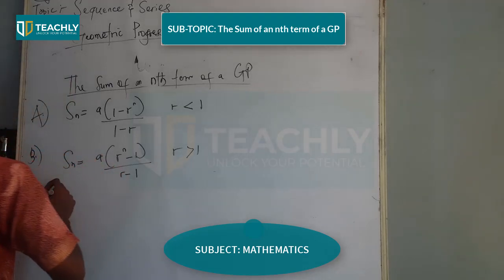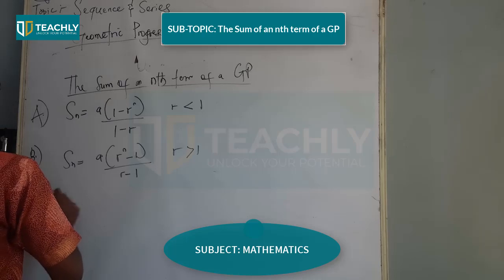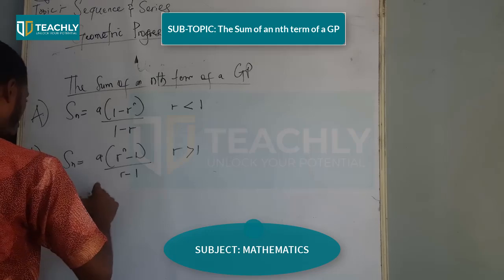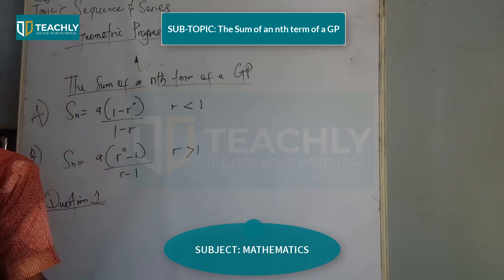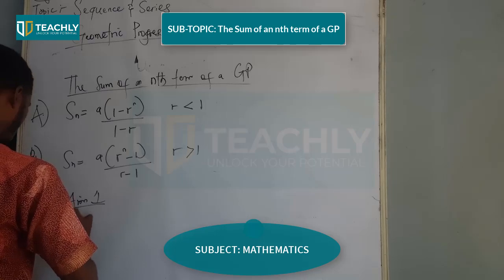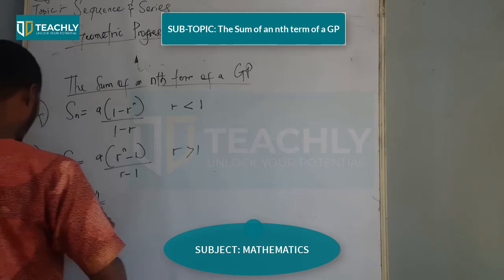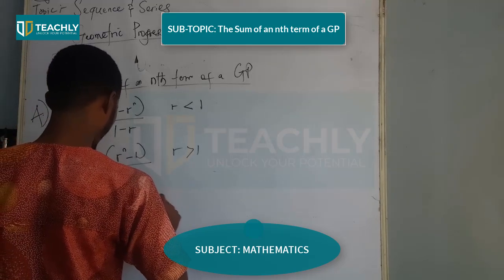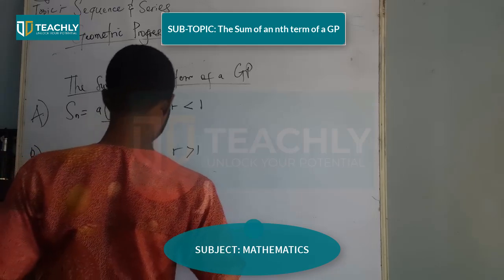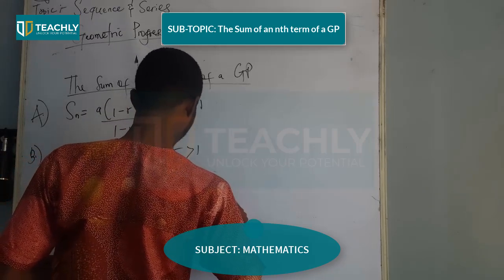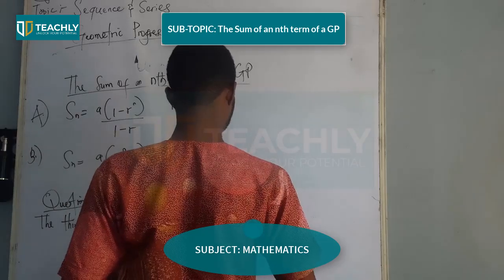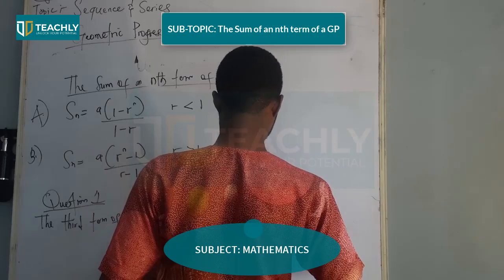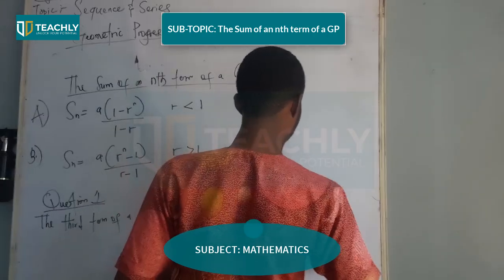So this is a WAEC question. Question 1 says the third term of a GP is 360, and the sixth term is 1215.